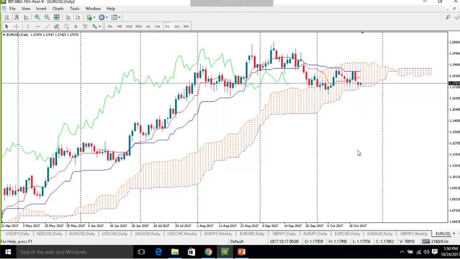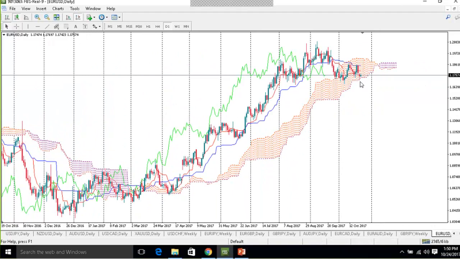The question: how do you plot support and resistance from the cloud when it is forwards? Just like here, for example, we see that the price entered the cloud. The upper border is already painted. Here, it will act as resistance.